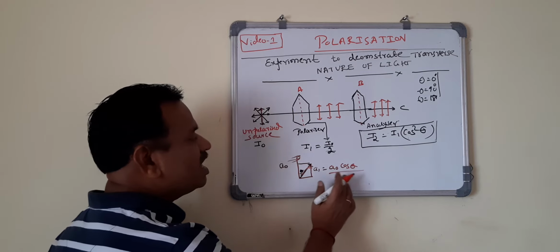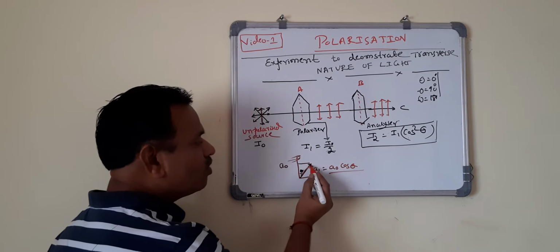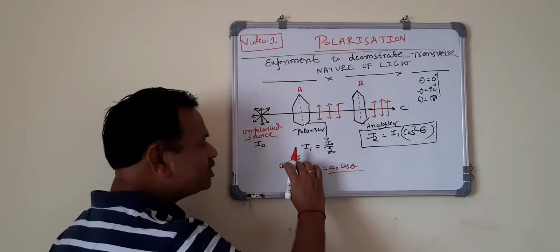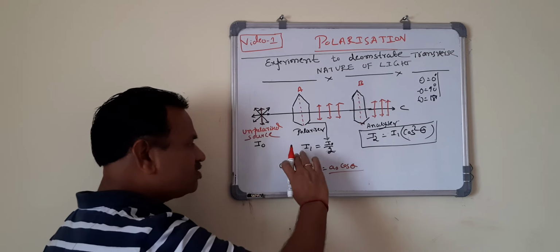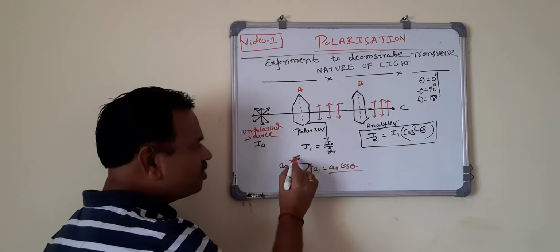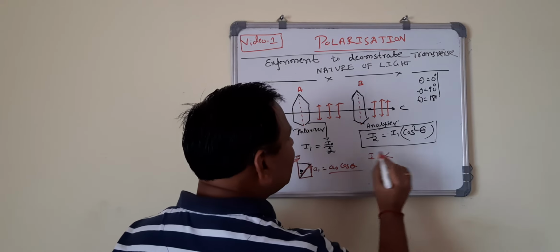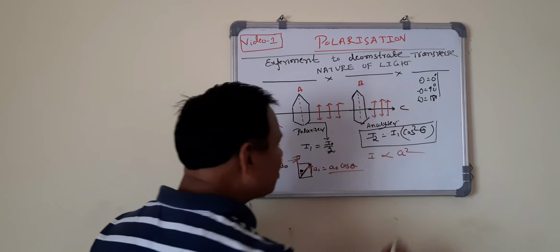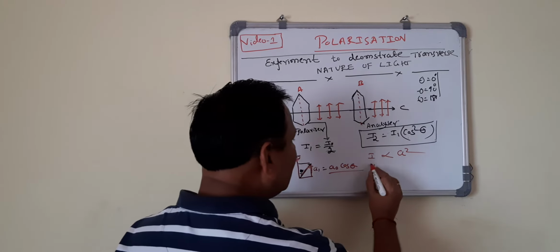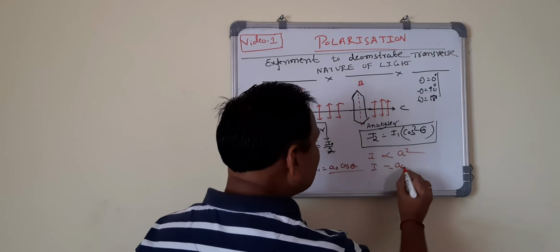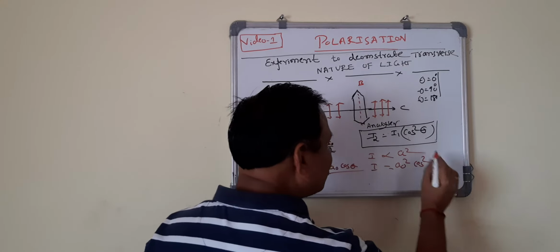So A1 equals A0 into cos theta. A1 is the amplitude; the initial amplitude is A0, but it will cut off this portion. Then intensity is directly proportional to the square of the amplitude, so I equals A0 square into cos square theta.